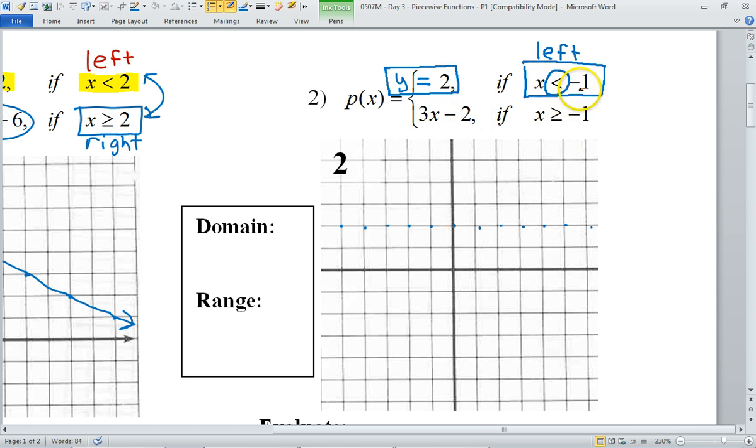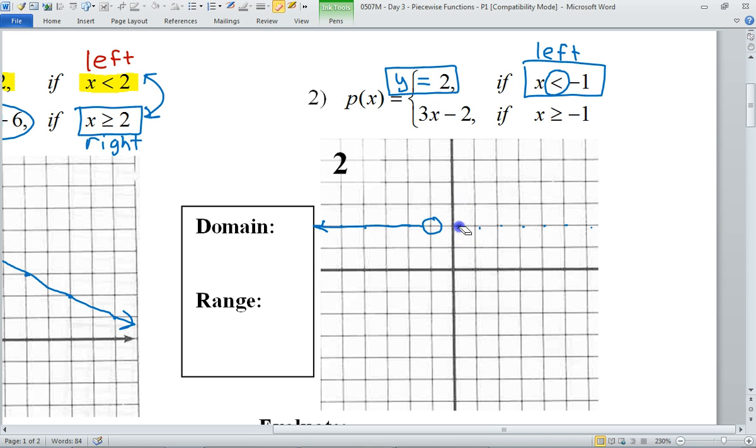So I look for the -1, which is the cutoff point. Can I see that this is the place where the x value is exactly -1? That circle that I just made, that's the x value of -1. And like you just told me, I'm going to graph to the left. So I will start from here and I will graph to the left.